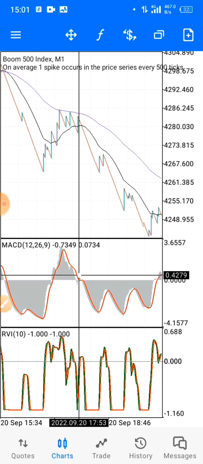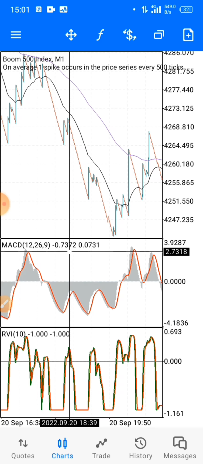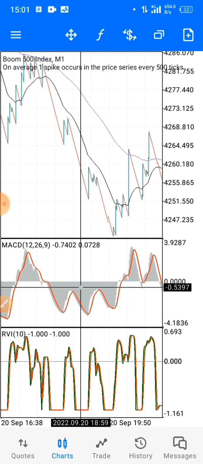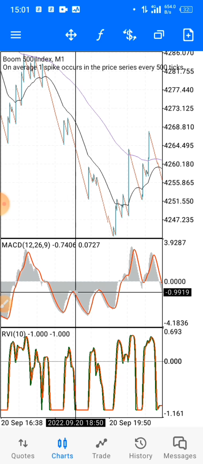And then here, when it spikes, as you can see, the MACD is still below the level 0, and the RVI crossed above the level 0, so we enter our sell right here, and here we also enter our sell. So you can hold up until 8 candles.